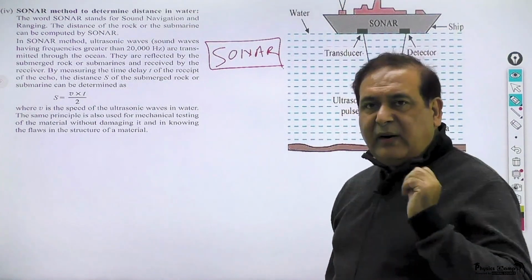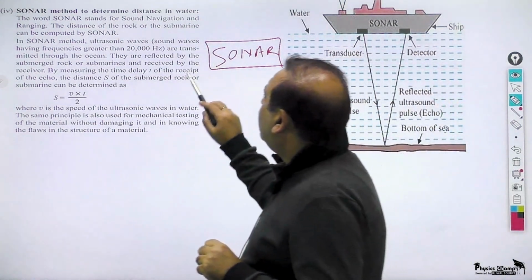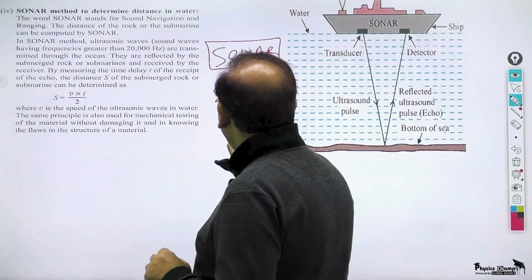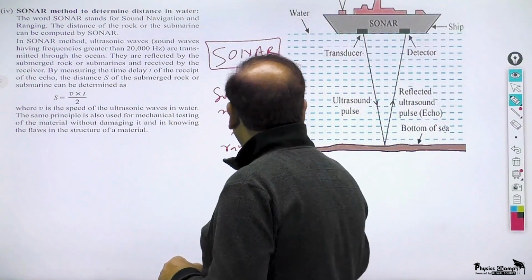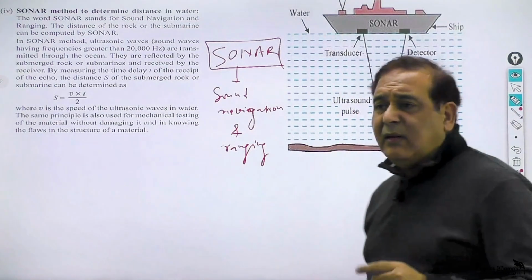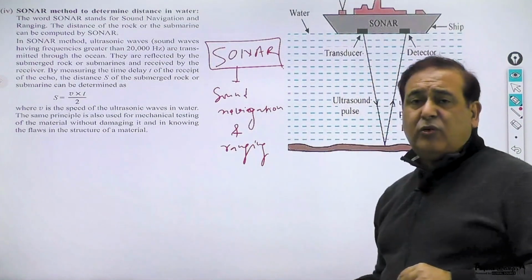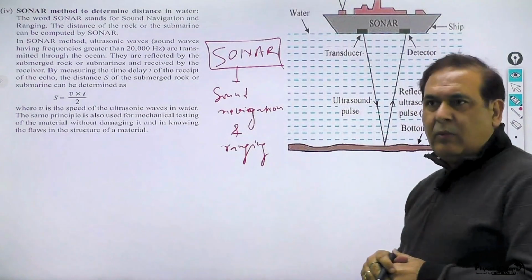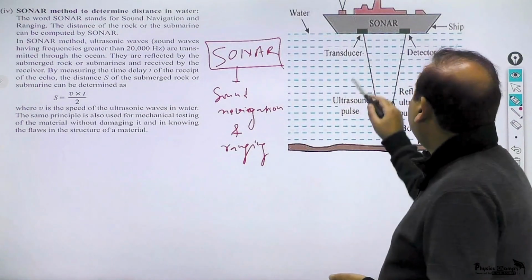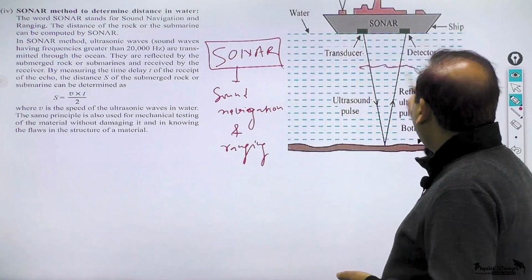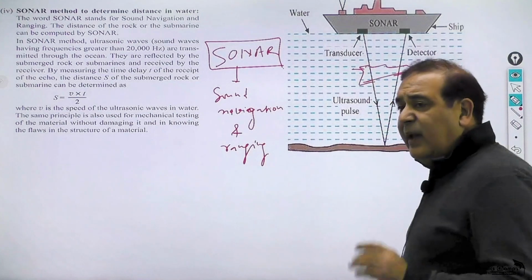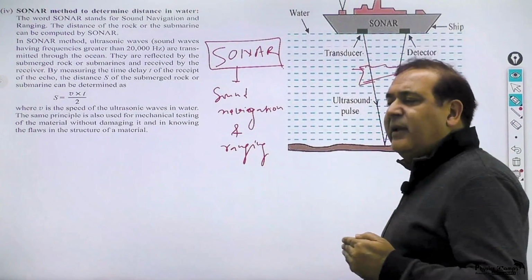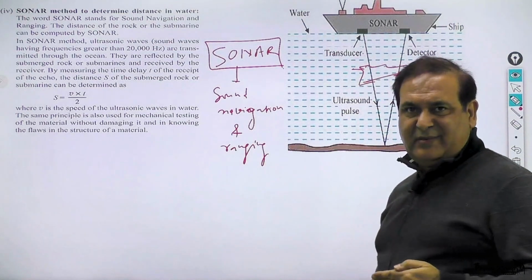So these ultrasonic waves, particularly this word is sound navigation and ranging. So imagine you are on a ship and you wish to know about the depth of the sea, or you wish to know about anything which is under the ship. It may be a submarine, it may be any other object. You wish to know whether it exists and how far it is.